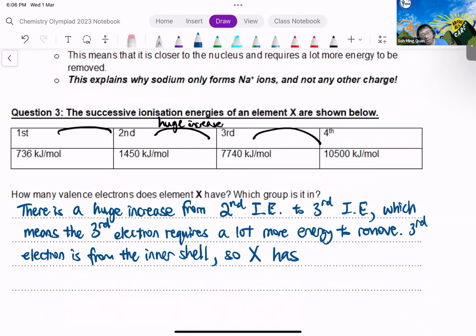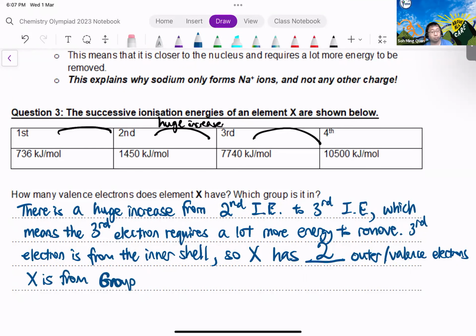How many outer or valence electrons? Pia or Sydney, can you type in the chat? 2. So if something has 2 valence electrons, it means that X is from group number 2.